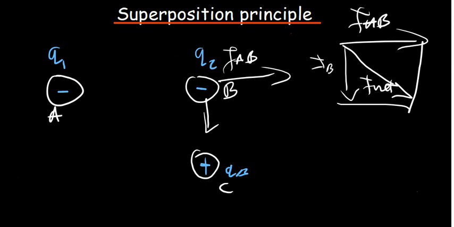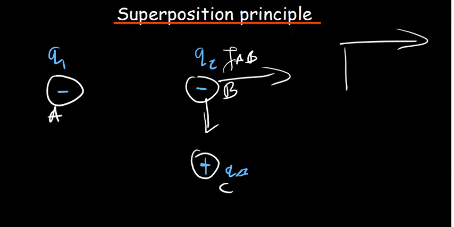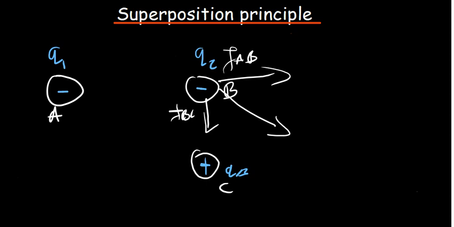Now, what comes next? The only thing I need to do there is this. If this is F of BC, this is my net electric force. So it's the same as I have something like this and this.